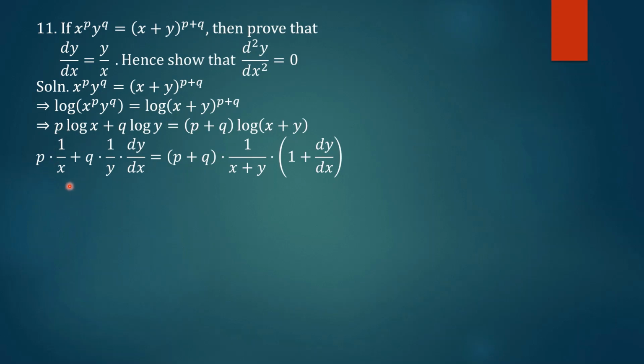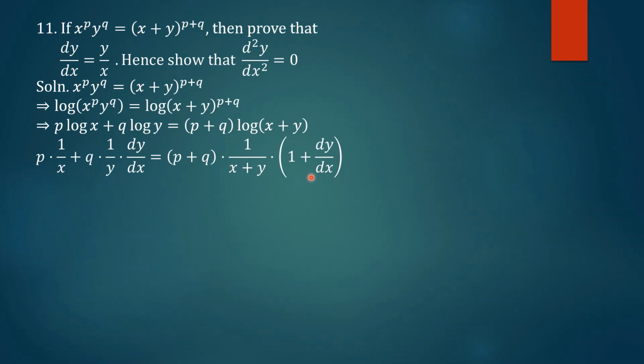Log x derivative is 1 by x. Then q remains the same. Log y derivative is 1 by y, and for y you are to write dy/dx. p plus q is a constant number. Log (x plus y) derivative is 1 by (x plus y) into the inner function x plus y derivative, which is 1 plus dy/dx. So this is the differentiation of the function.